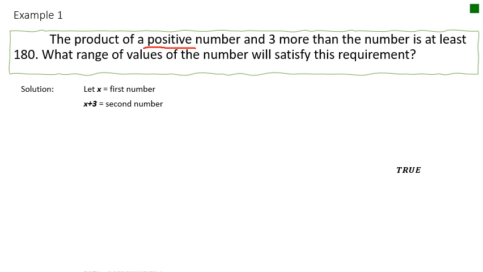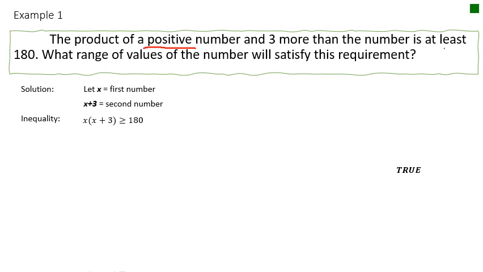And then, let us construct or formulate an inequality. We have x times quantity x plus 3, because we are going to get the product. The problem says here the product, so that is multiplication. And then at least represents greater than or equal to.